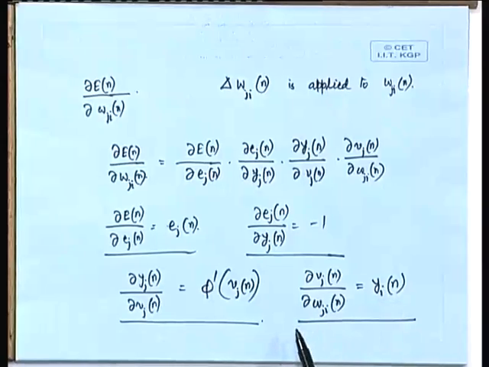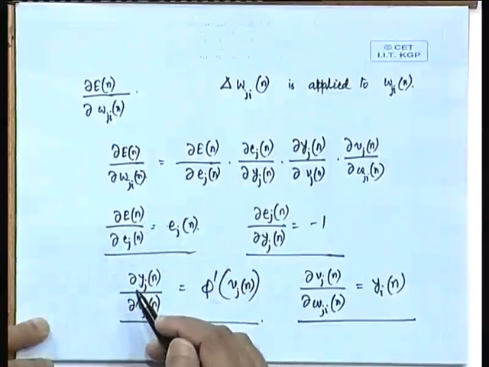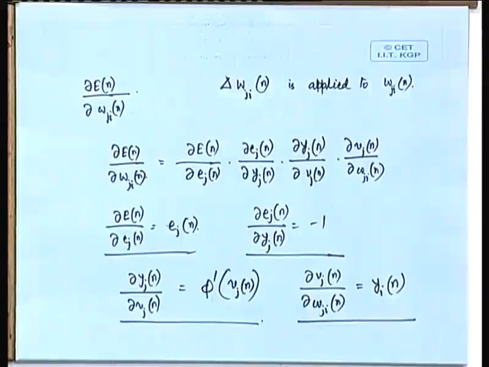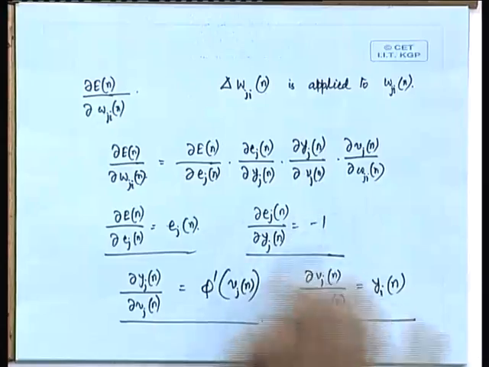Alright. So that means that now this ∂E(n)/∂Wji(n) is expressible in a very manageable form. This term is very nice, minus 1. This term is Ej. So it is minus Ej phi dash Vj(n) Yi(n), simply ∂E(n)/∂Wji.